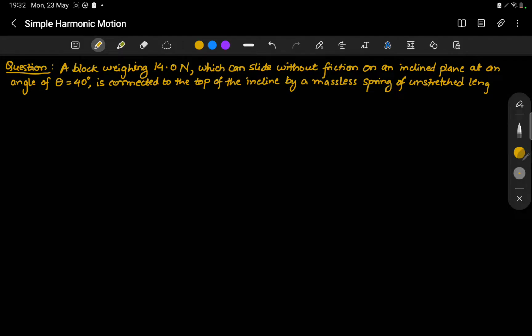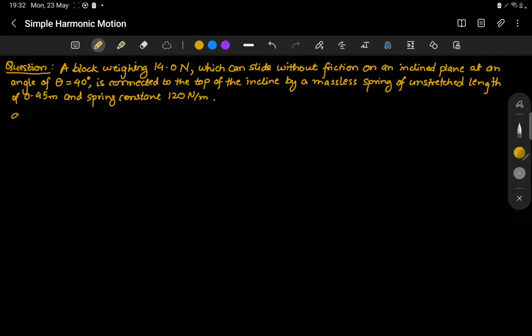How much is the unstretched length? Unstretched length of 0.45 meters and spring constant 120 Newton per meter.